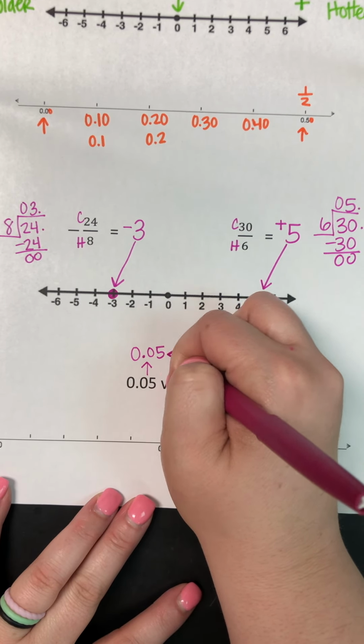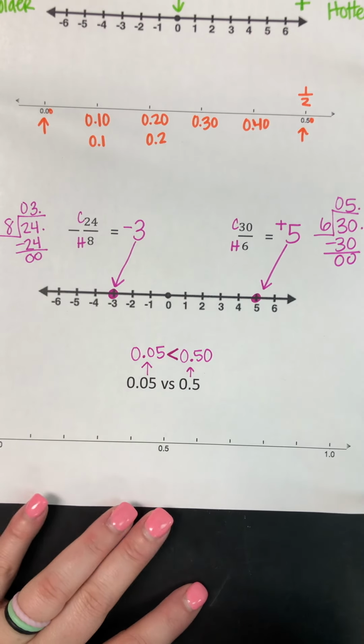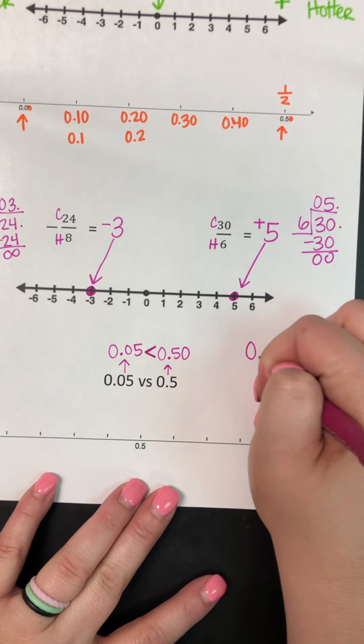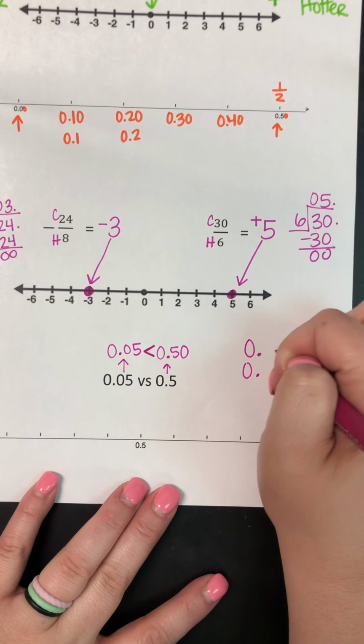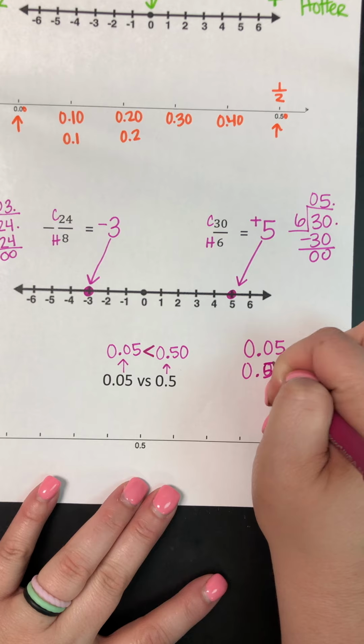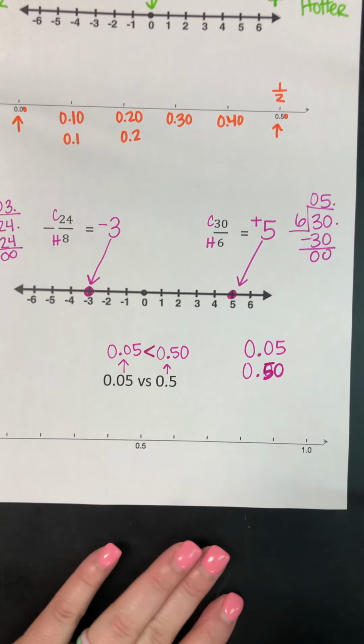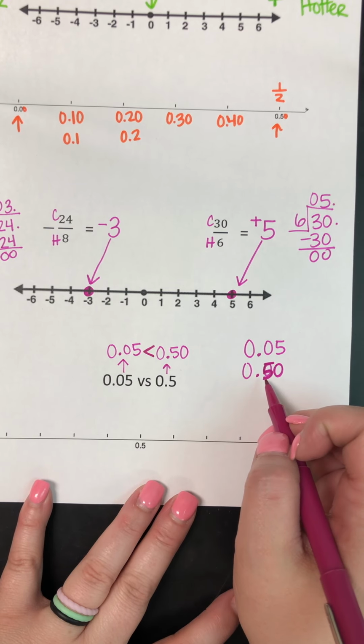I think we all know we would want more money, 50 cents. So make sure you don't get these confused. If it helps, line them up where you stack your decimals. So 0, 5, or 5, 0. Okay, remember the tenths place is bigger.